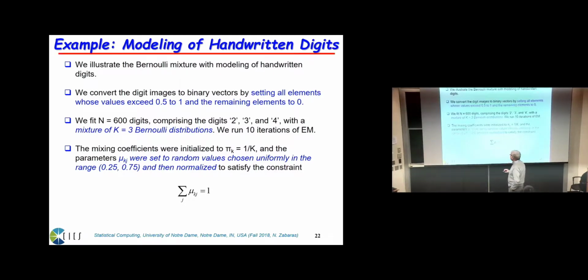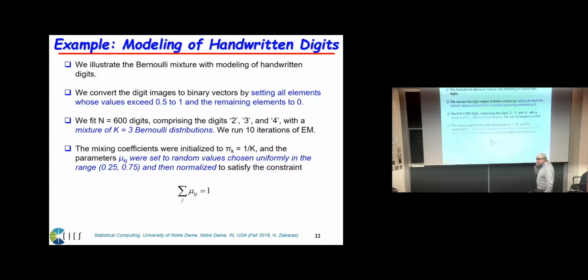I think I see a picture coming on the next slide. This is again the MNIST data set. We take 600 points, and we only take data of handwritten digits 2, 3, and 4, and we're going to fix 3 clusters.